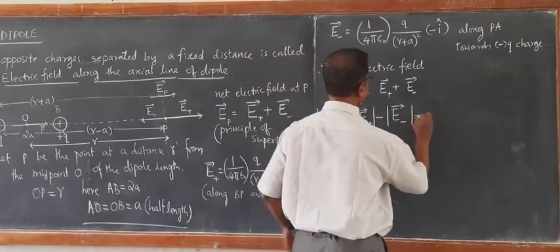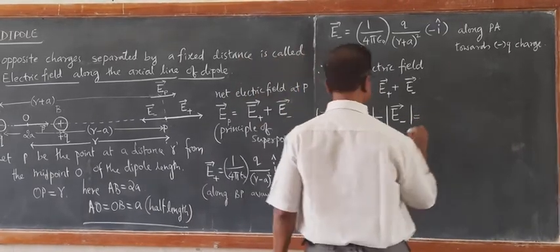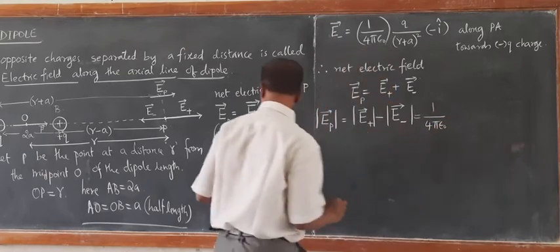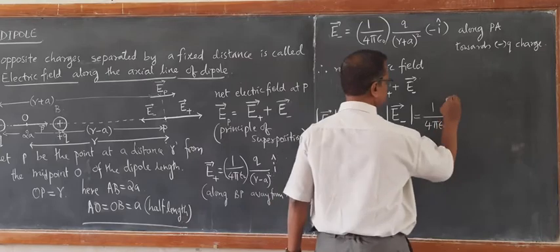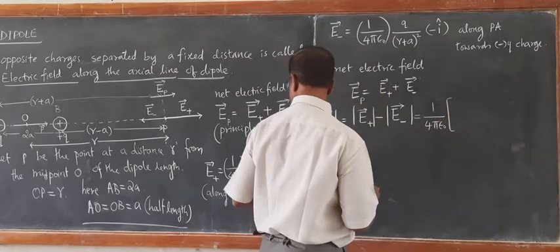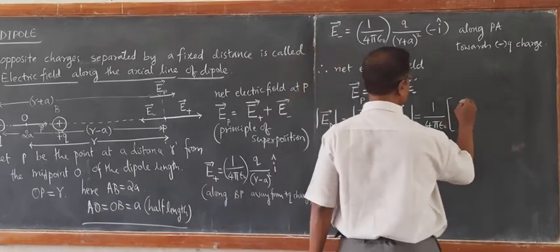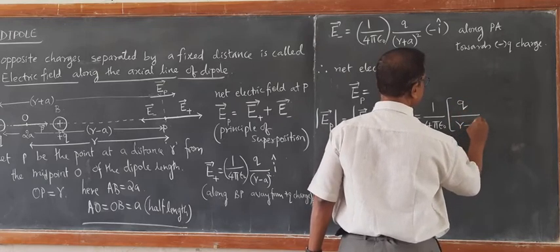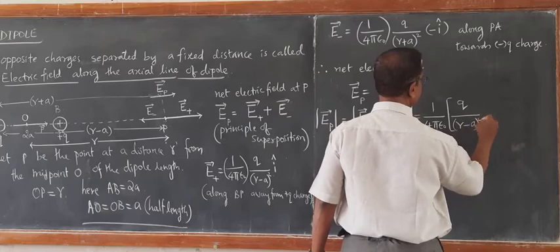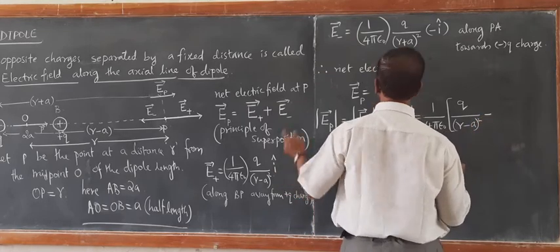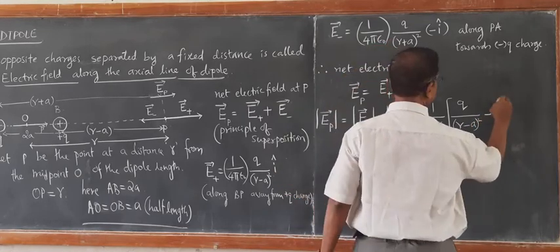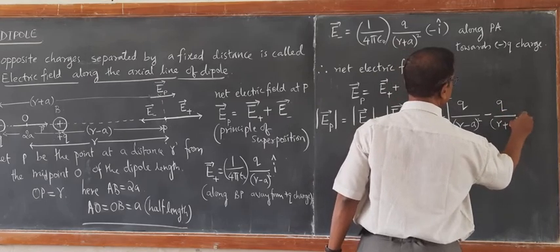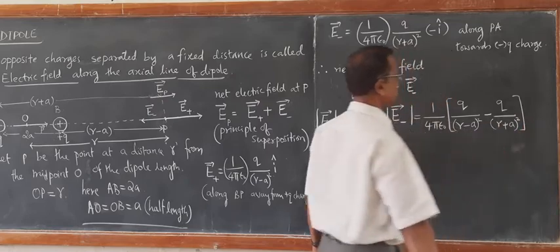So if you substitute these two values, 1 upon 4 pi epsilon naught is common, then E plus is Q upon r minus a whole square, minus Q upon r plus a whole square, into the bracket.